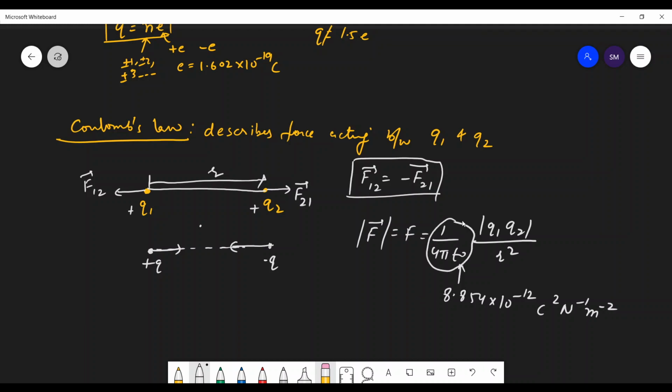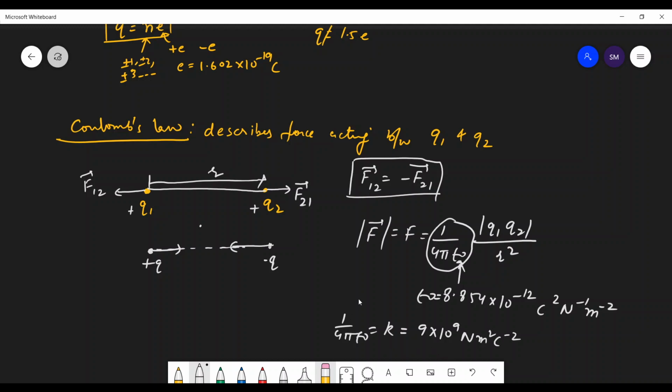I can also write 1 upon 4 pi epsilon naught as K, which is Coulomb's constant, and this equals 9 into 10 raised to power 9. You can tell its units. What will be the units? This is newton, and this R square will go there, so newton meter square, and this coulomb square will go down. So these are the units of K.